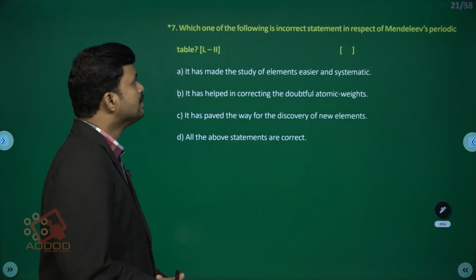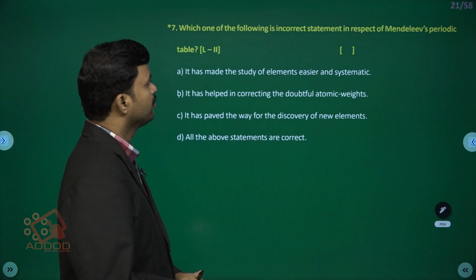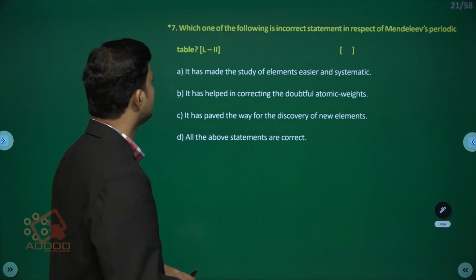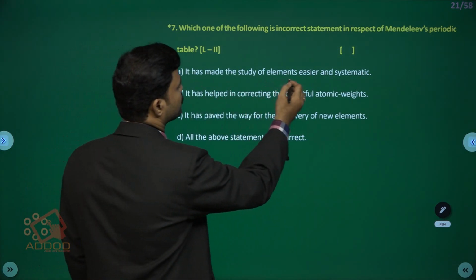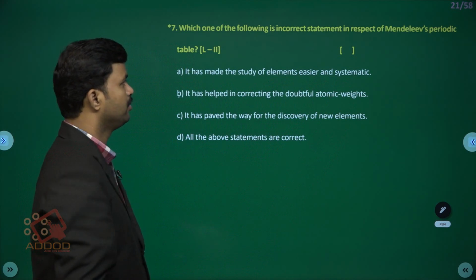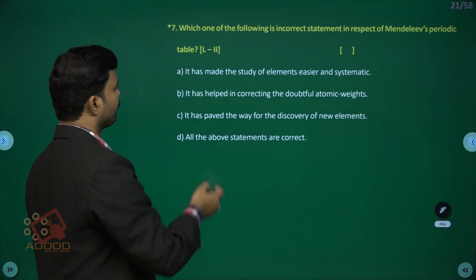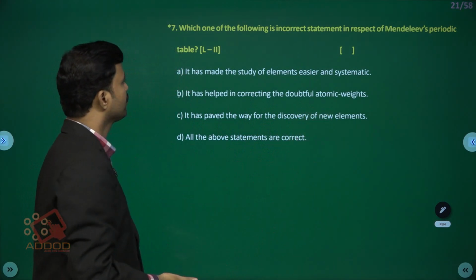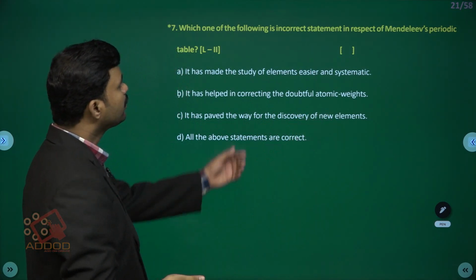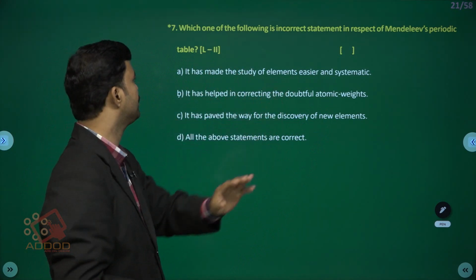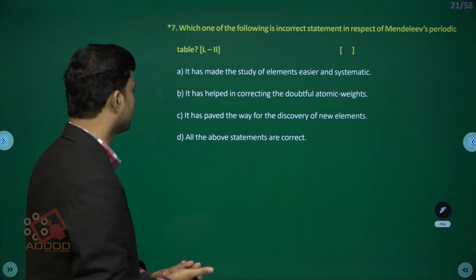Which one of the following is an incorrect statement in respect of Mendeleev periodic table? It has made the study of elements easier and systematic. No, that's not incorrect. It has helped in correcting the doubtful atomic weights. Yes, some elements' atomic weights are rectified.